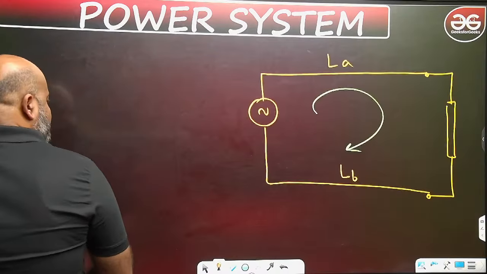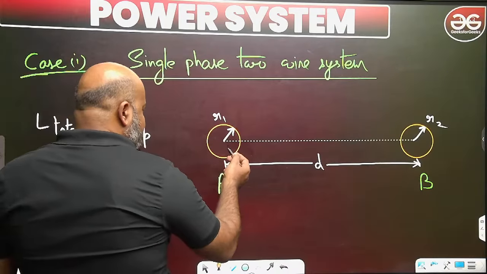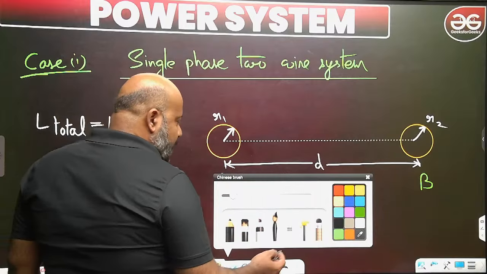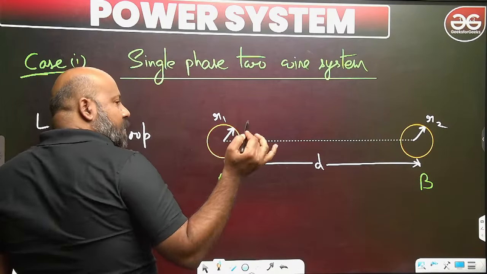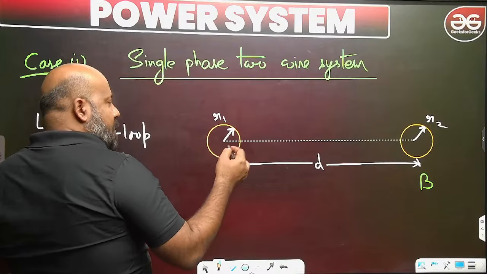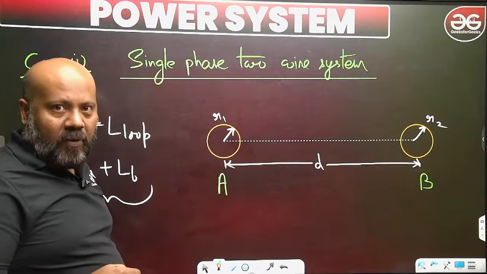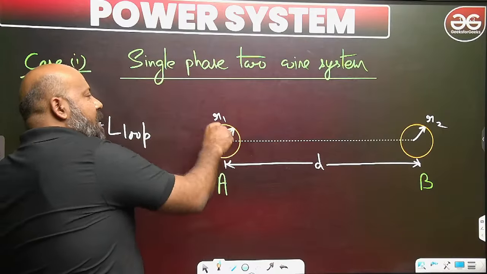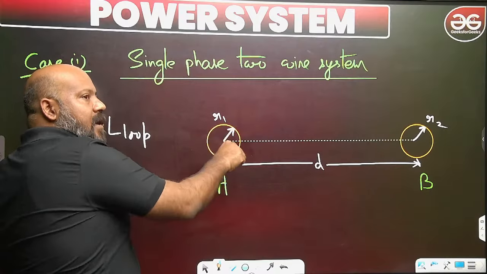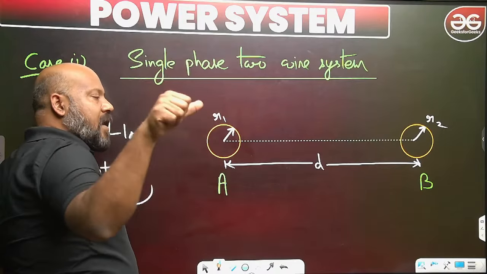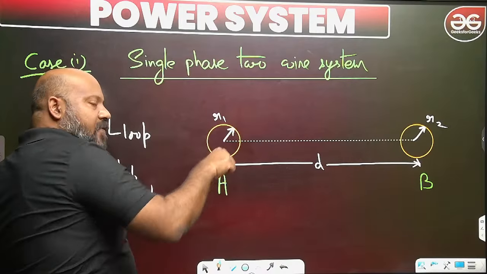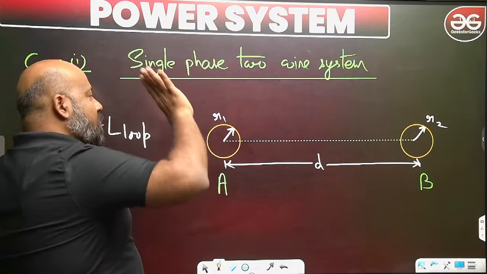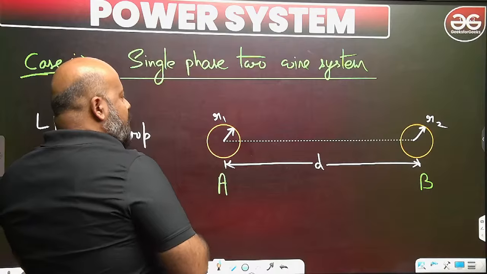So when you talk about the current which is passing in this conductor A, what is happening? Suppose the current is passing into the plane of the board. So what is going to be the direction of the magnetic flux lines? Apply the right hand thumb rule. If the thumb is going into the plane of the board, the movement of the fingers will give you the direction of magnetic flux. So that is going to be clockwise.